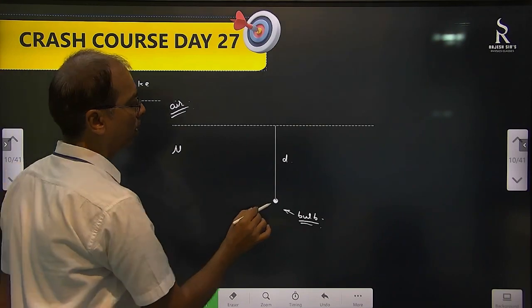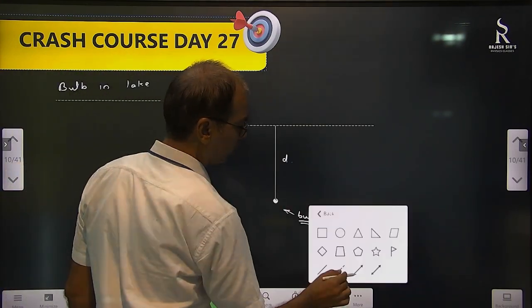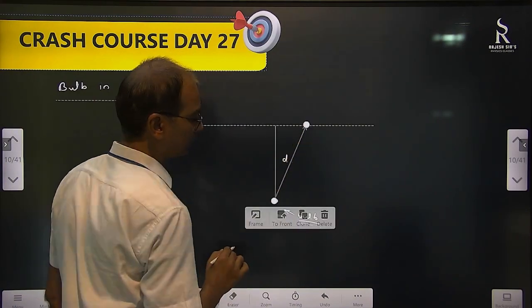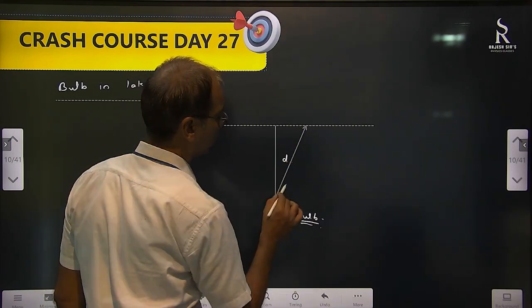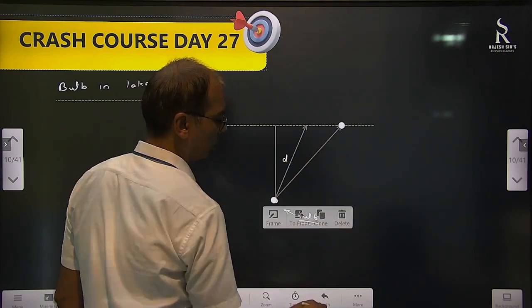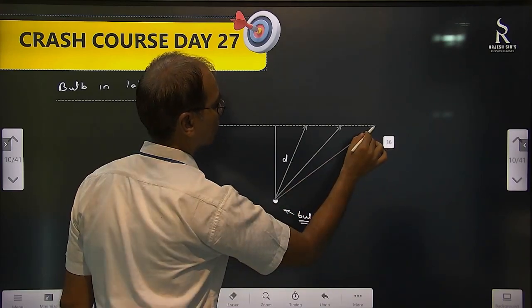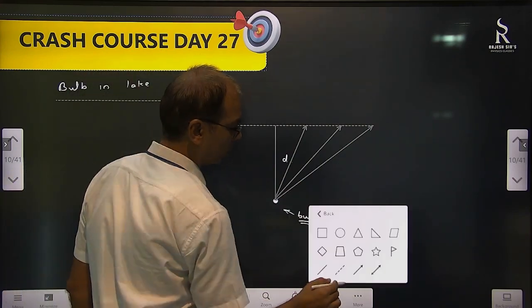So what happens? From the bulb, rays will be going in all the directions, everywhere. So some of the rays I am making like this one. One more, it's going like this. One more I will make going like this. Now, in all three, I am going to make the normal.